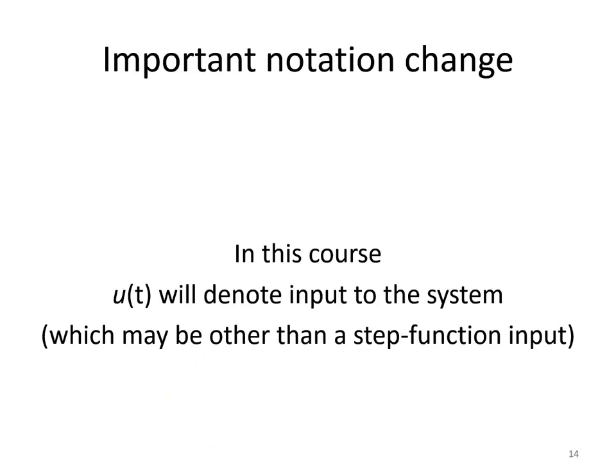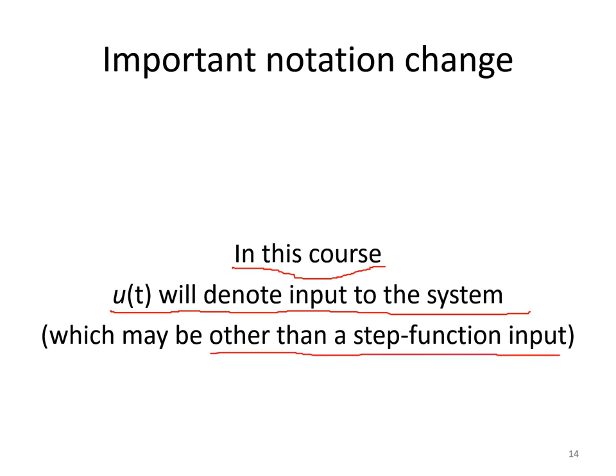For notational consistency, it is reminded that in this course and also in future courses on control systems, you will find mu of t or u of t denoting the input to the system, as opposed to denoting the step function that we have been using in calculus classes or somewhere else.